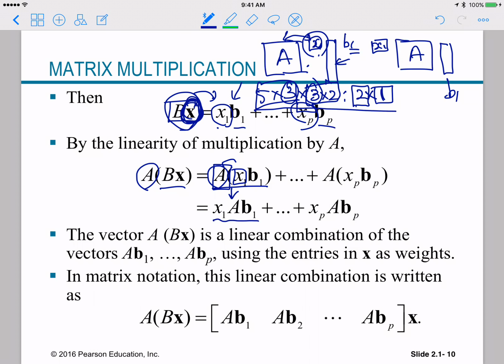So in this case, we can define this matrix-vector multiplication because those sizes are matching.